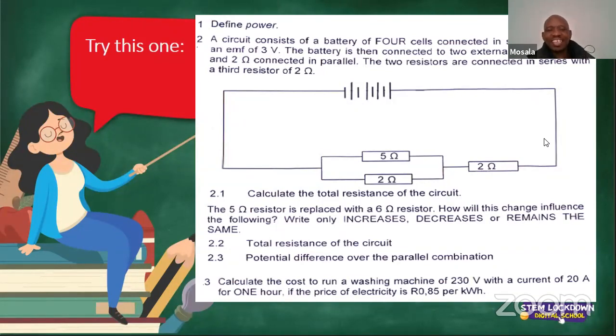These 2 resistors are connected in series with a third resistor of 2 ohm. So where it is black there, it should read: 2 resistors are connected in series with a third resistor of 2 ohm. Right, you can take a snapshot of this one as we'll be wrapping up.